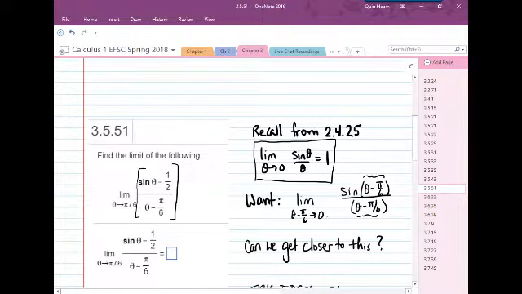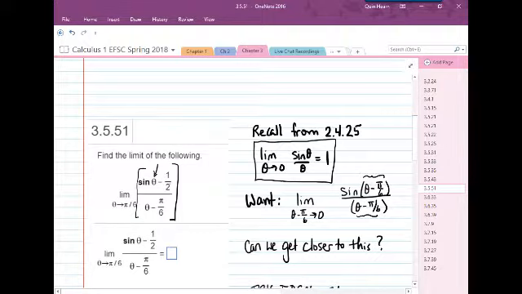So it would be really nice if we had the limit as theta minus pi over 6 goes to 0 of sine of theta minus pi over 6 over theta minus pi over 6. We don't, of course. In the numerator, we have just a theta in the argument of sine, and we have this minus a half tagging along out there. So that's not quite the form we want.